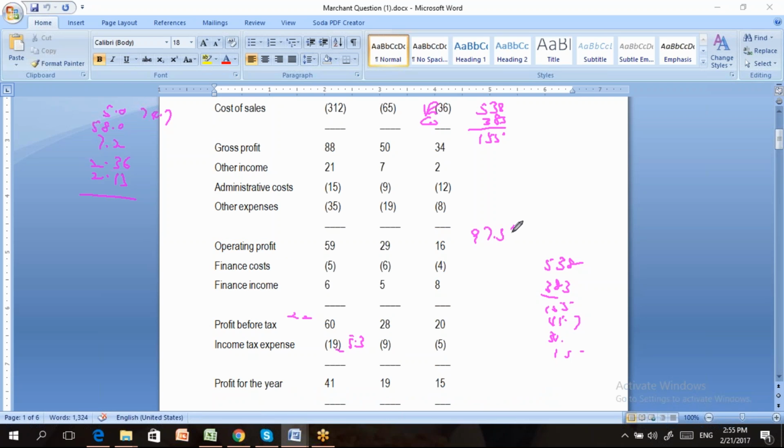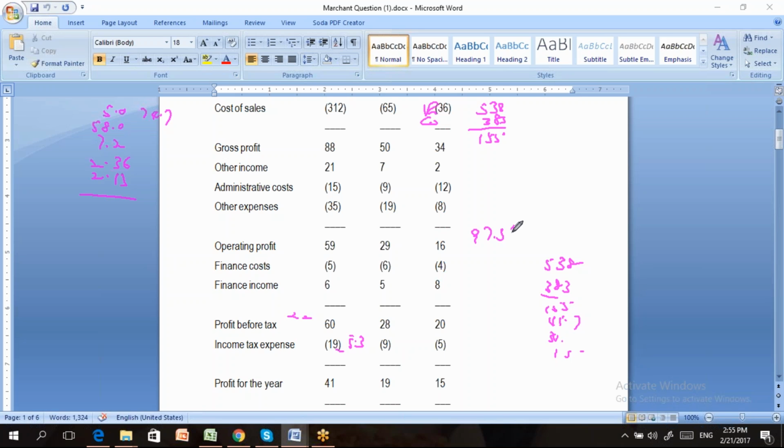Now the next one is the finance cost. Will there be any adjustments? What are the adjustments we have? Finance cost, we have a 5 and a 6 and a 2. Right? The finance cost should be 5 plus 6 plus 2. How much is that altogether?